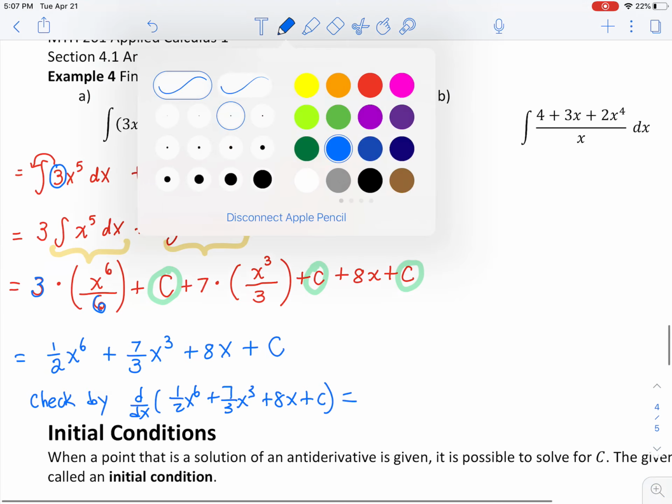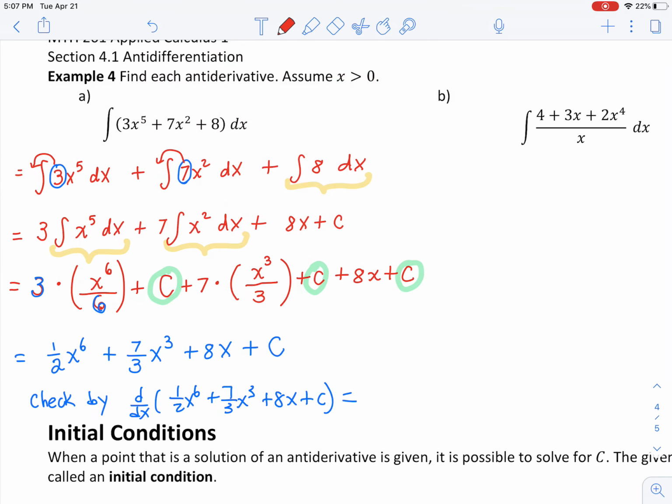Now, if you want to check this, check by finding the derivative of 1/2 x to the 6th plus 7/3 x to the 3rd plus 8x plus c. And let's take the derivative real quick because we're a pro at it. 6 times half is 3, so 3x to the 5th plus 7/3 times 3 is 7, x squared, plus 8, and plus c gives us 0.